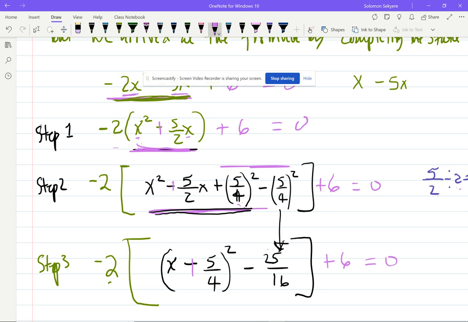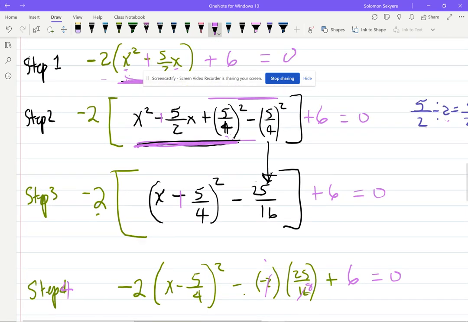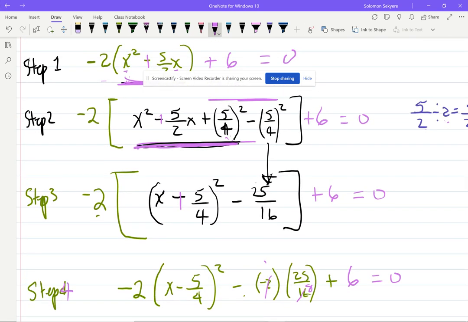When we write this, we focus on just this part right here. This section is the perfect square. It's x plus 5/4. We did that just to get a perfect square, and we still need to subtract.